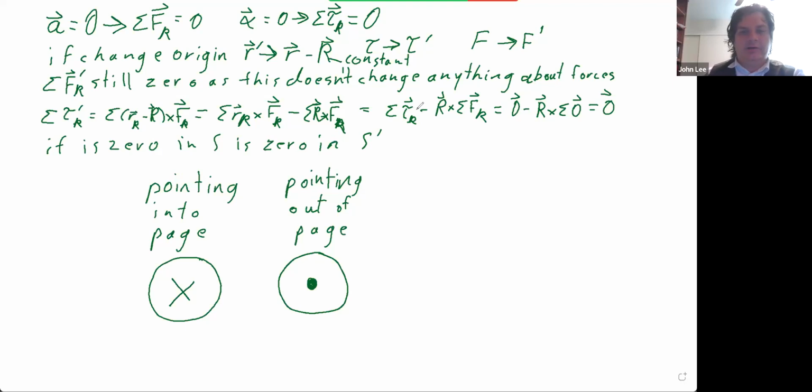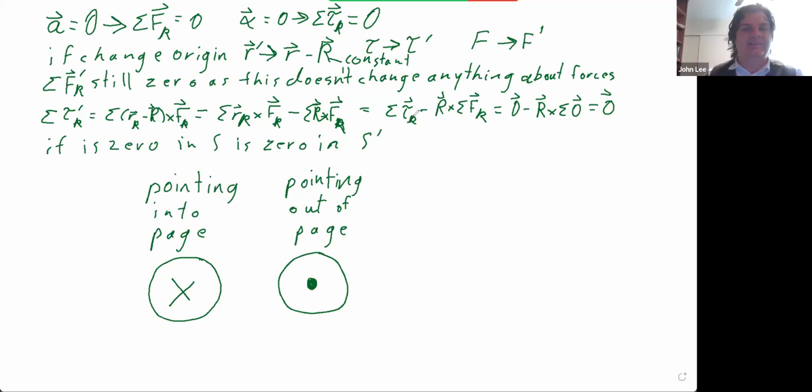So the sum of the torques, the original torques, is going to be equal to 0 because we're talking about static equilibrium.